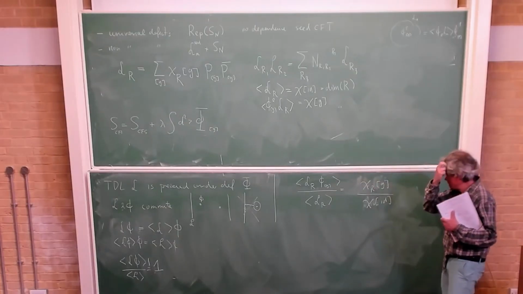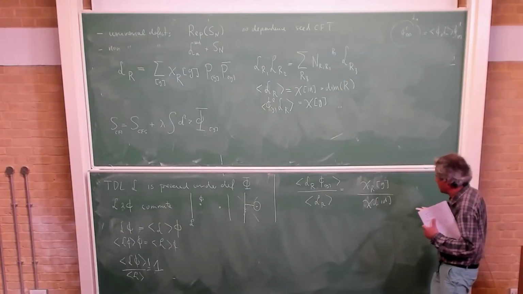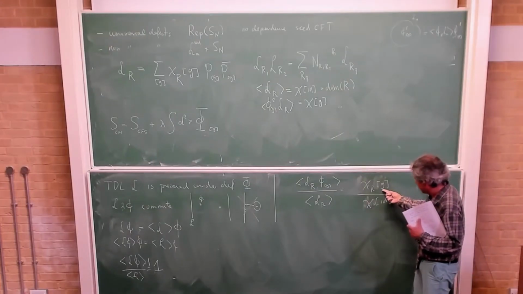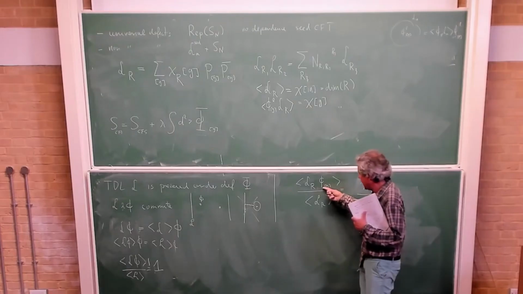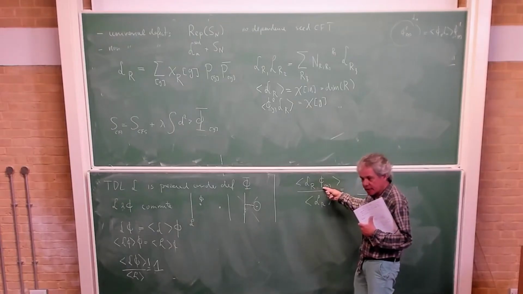Only if G here would be 1 would this obviously be trivially 1, but that would be a deformation in the untwisted sector.